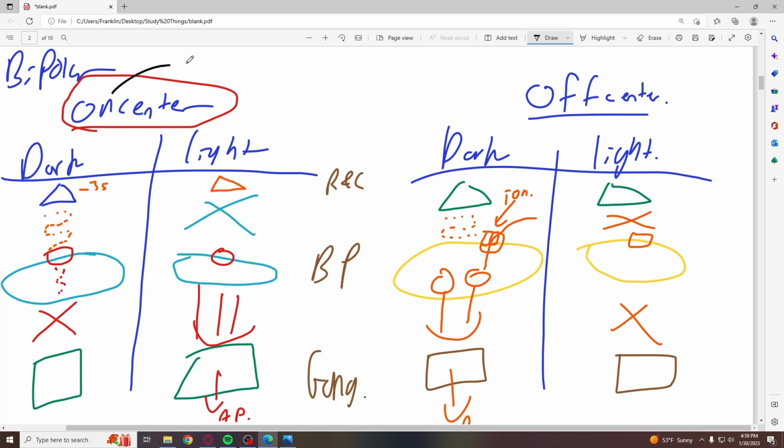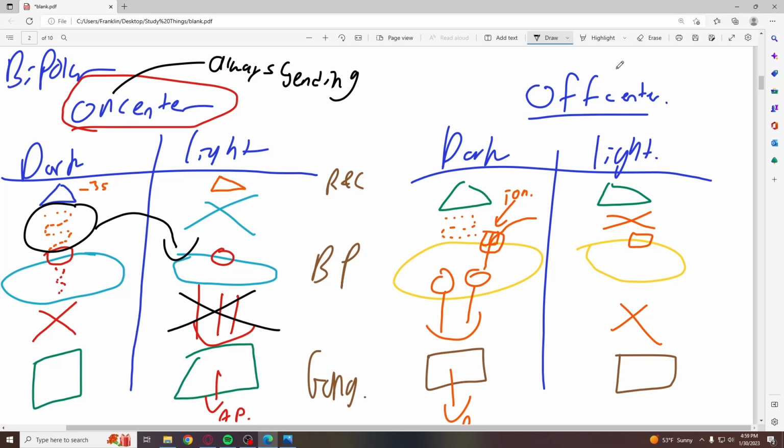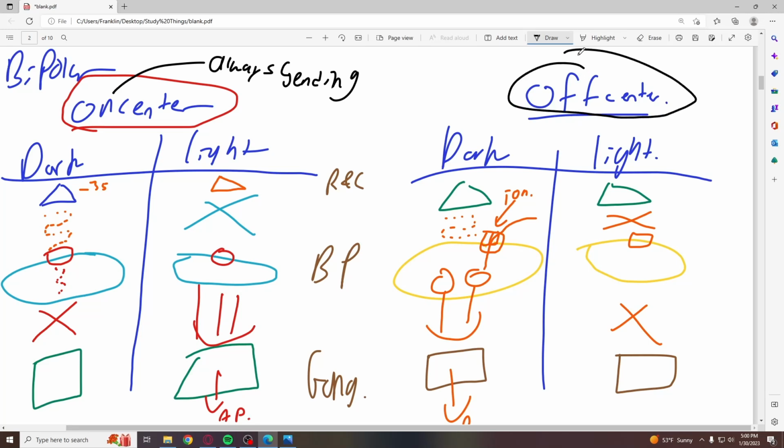But think of on as always sending. So in this case, it's always sending unless it's getting glutamate, and if it was getting glutamate, that means this would stop sending. So it's always on unless it's getting glutamate, and the only case it'd be getting glutamate is in the dark. And I think of off as not sending.